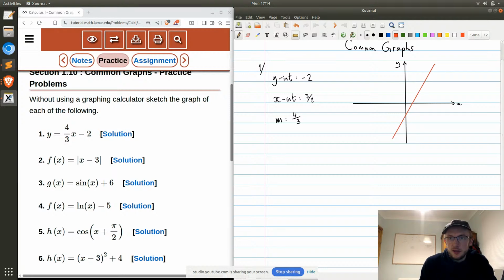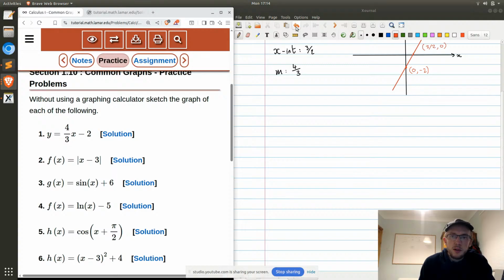Just a little bit steeper than the y equals x line, which has that sort of perfect 45-degree slope. So that point there, 3/2, 0. And that point there, 0, -2. That's the first one.